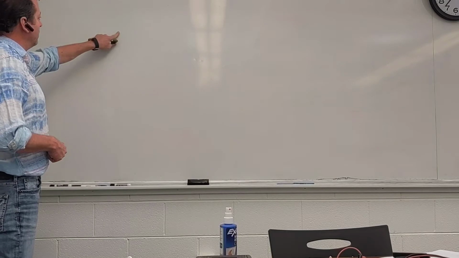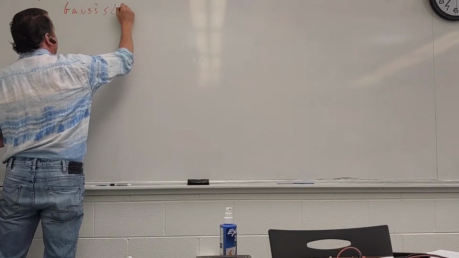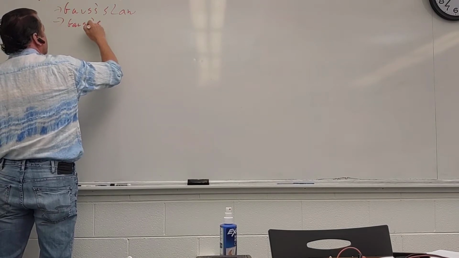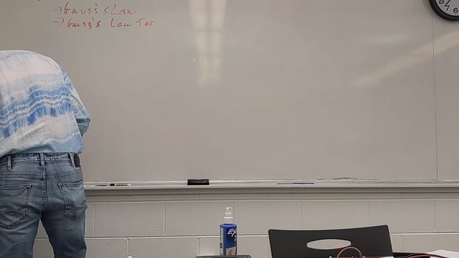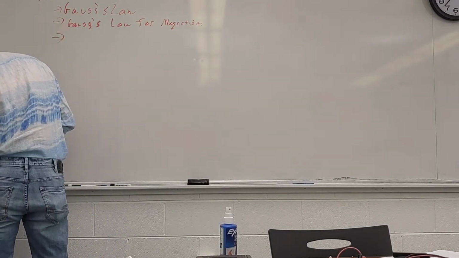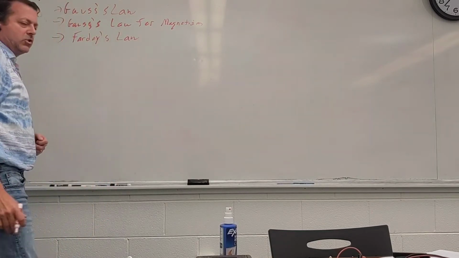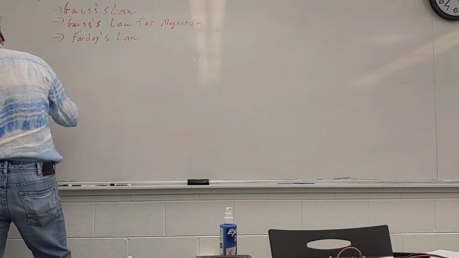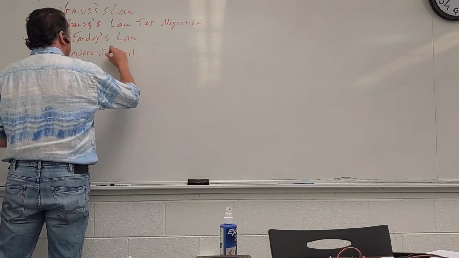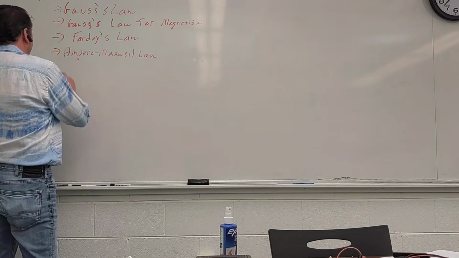So let's just go back just a little bit. Maxwell's equations, as we said, are Gauss's law, which I'm not going to rewrite because we wrote them last class, Gauss's law for magnetism, Faraday's law, that changing magnetic fields produce electric fields, and the Ampere-Maxwell law, which said changing electric fields and current itself create a magnetic field.